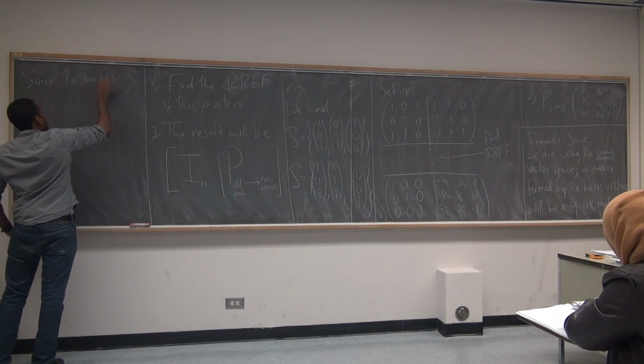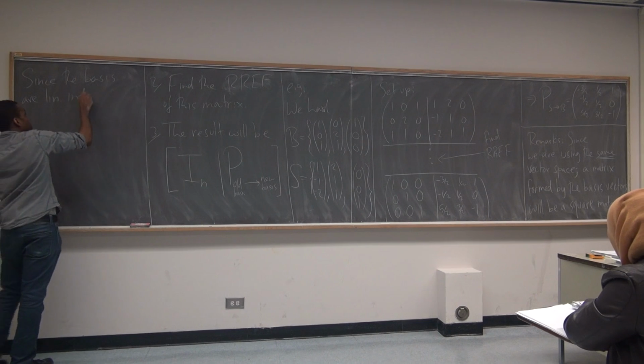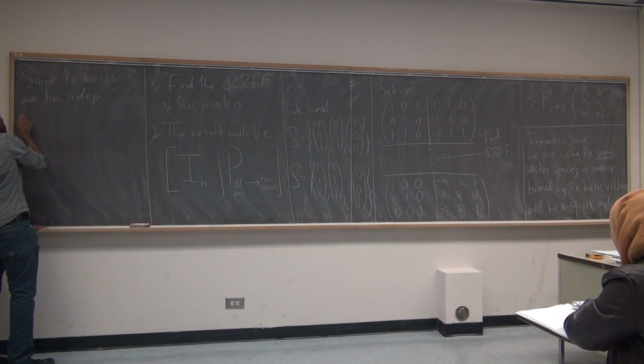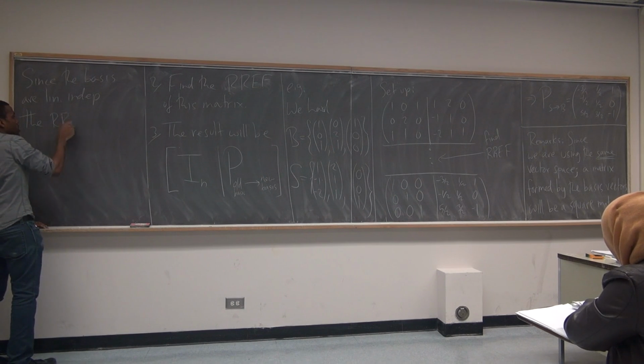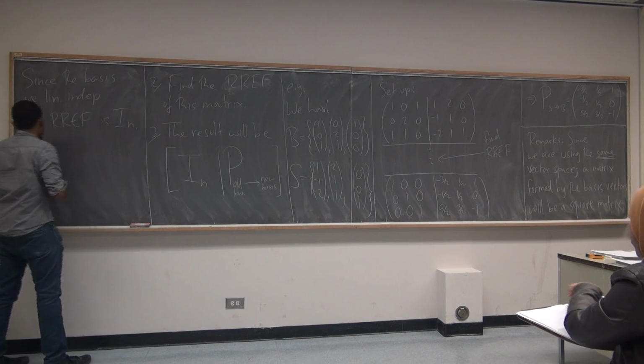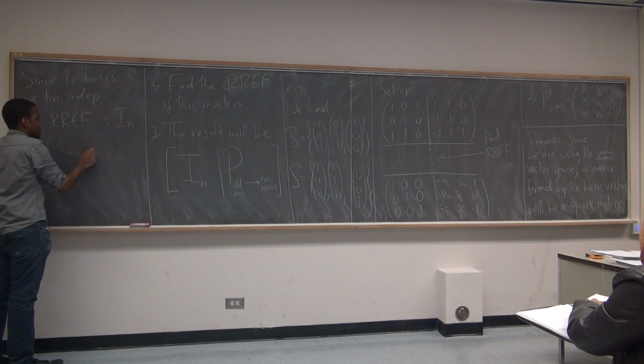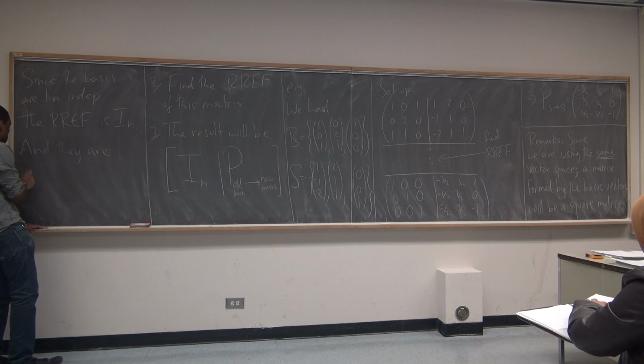Since the bases are linearly independent, the reduced echelon form is the identity. And they are invertible.